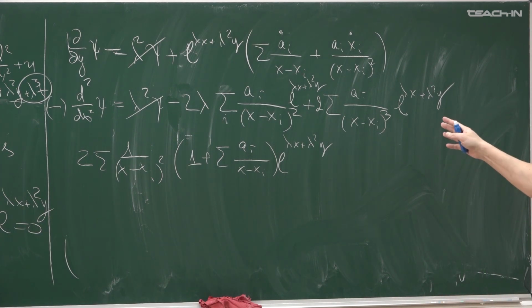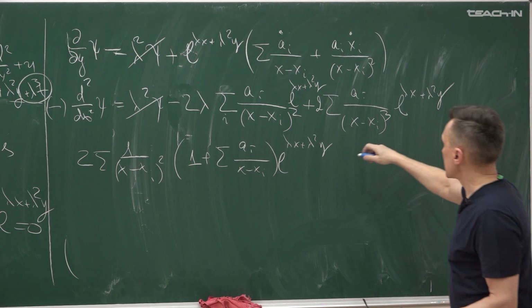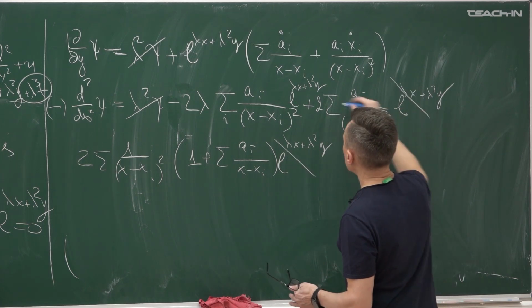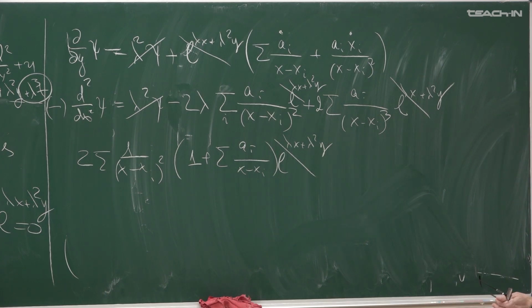So I have to divide by the exponential part, and the rest is a rational function on x. So I have to calculate all terms of all order at all poles.